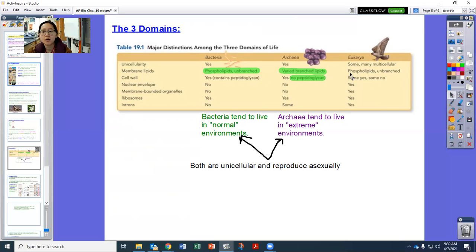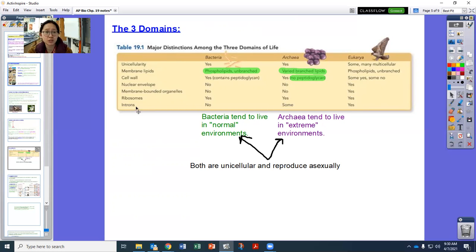We have phospholipid bilayer membranes, and some have cell walls like plants and fungi, but animals don't. We have nuclei, membrane-bound organelles, ribosomes, and introns. So this is how we structurally are different from archaea and bacteria in our general three domain categories.